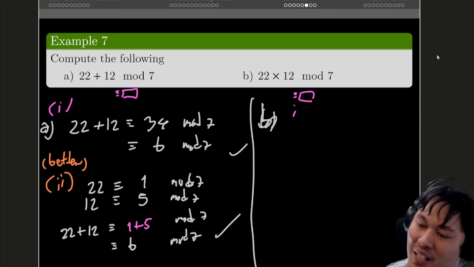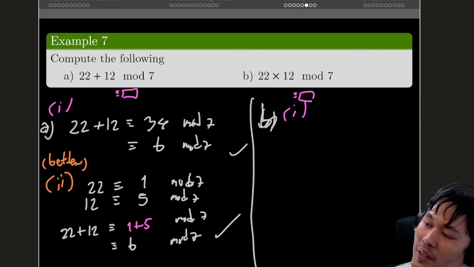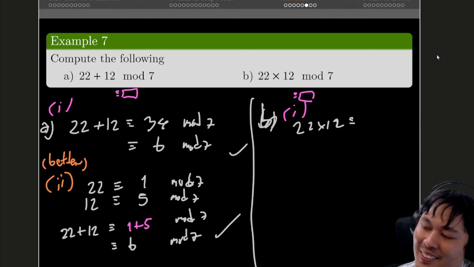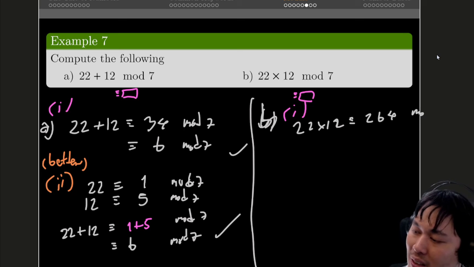Yeah, let's try B. The first way to find the product is to find the product first. Let's just do the product. You get 264 mod 7.